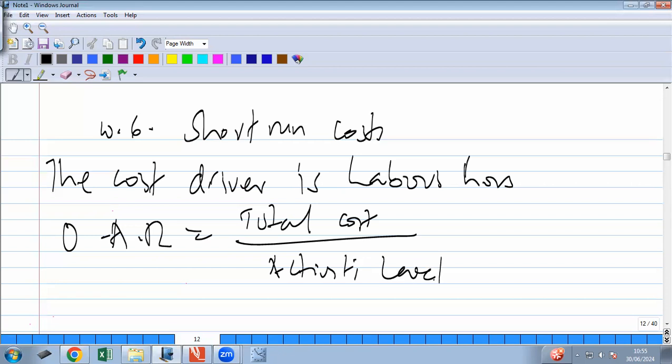And we know our activity level is now the labor hours, but the total cost now in ABC, when you are looking at the short run, what are the short run total costs is what we are going to take. So this is going to be now 38, 8. Okay. Then what about the activity level? What is our machine or labor hours?